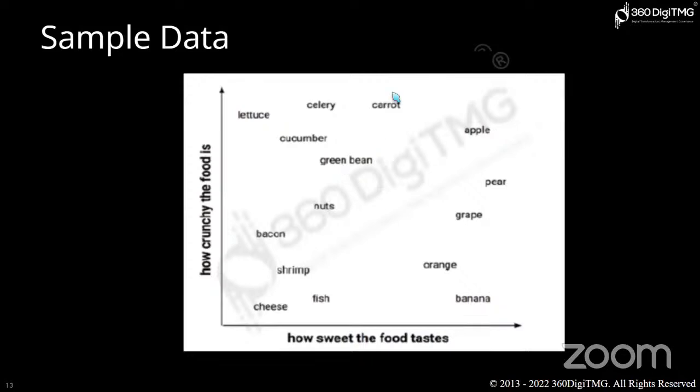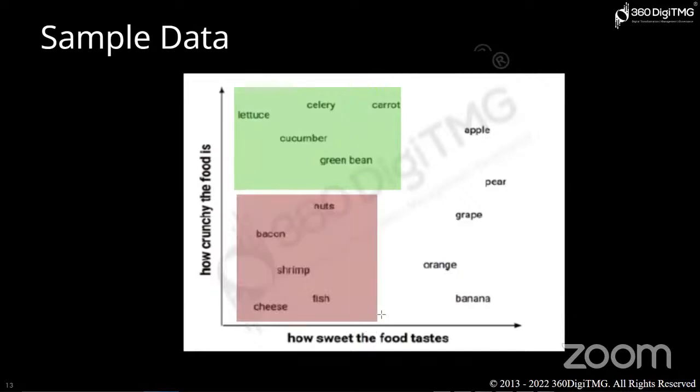In this data, if you look carefully, you can find some similar items. Okay, let me change the color. You can find that these things are similar, and also these things are similar, and also these things are similar.